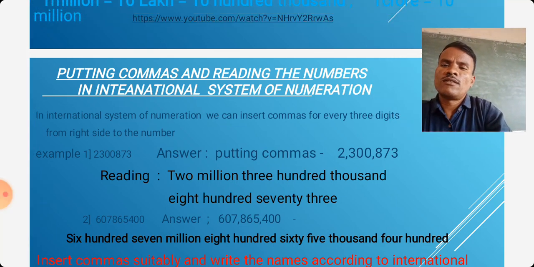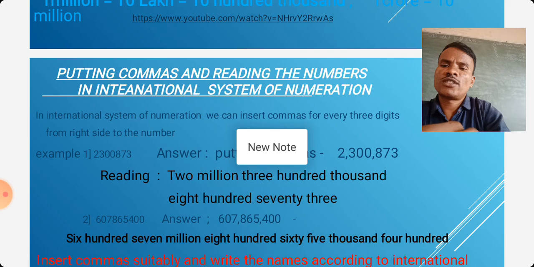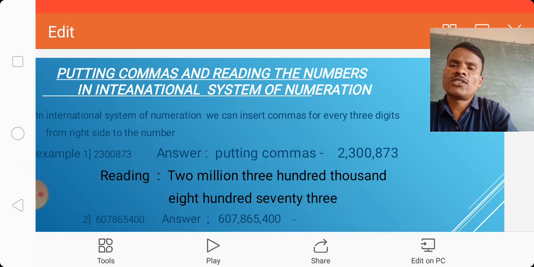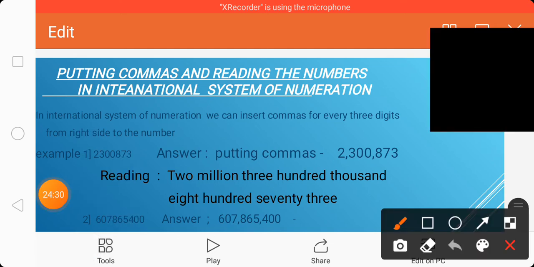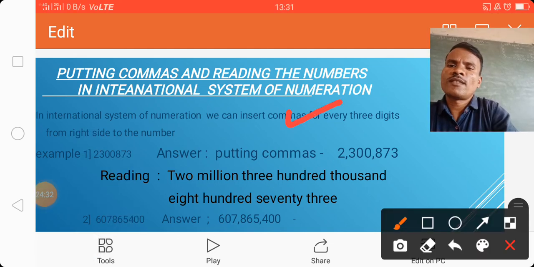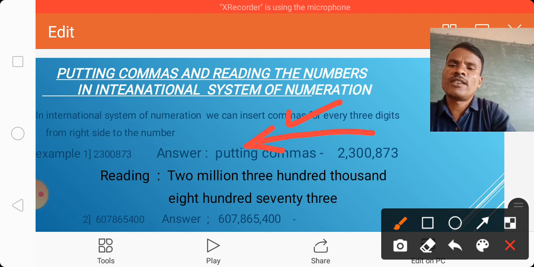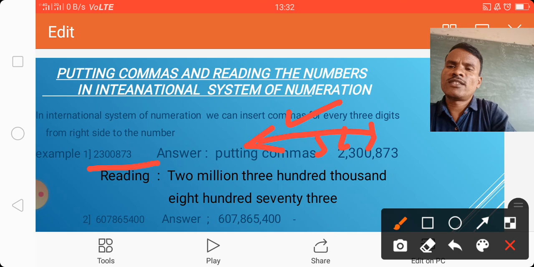Okay, this is all I told now. In the international system of numeration, we insert commas for every 3 digits from the right side of the number. Right side means from the first number, second number, like this. Here one example is 2300873.